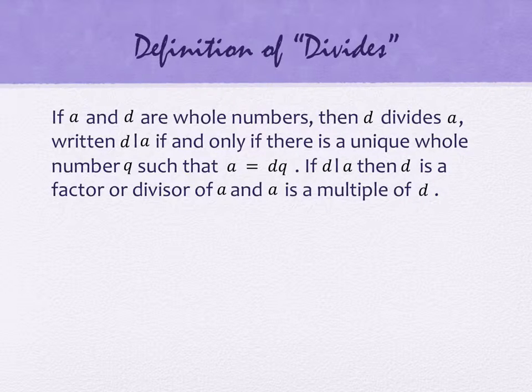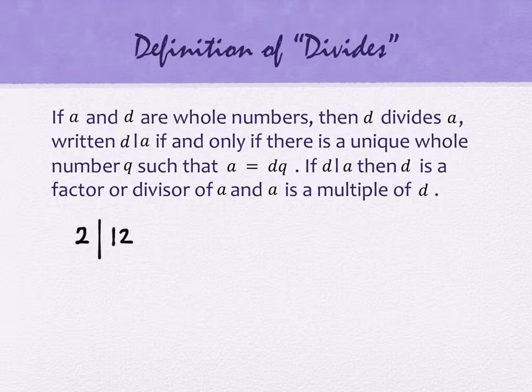Okay, so can you give me two numbers where you would think that one of them divides another one? Just give me an example. 12 and 2. Okay, so we would say 2 divides 12. You'll notice the 2 is listed first, and we read it from left to right. 2 divides 12. It means that 12 is divisible by 2.